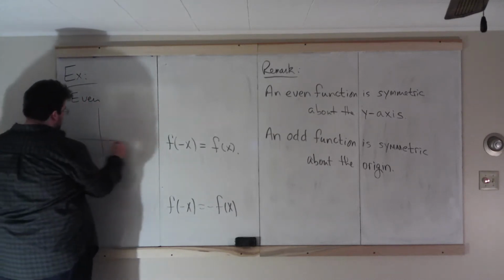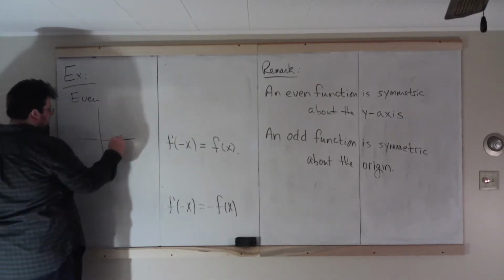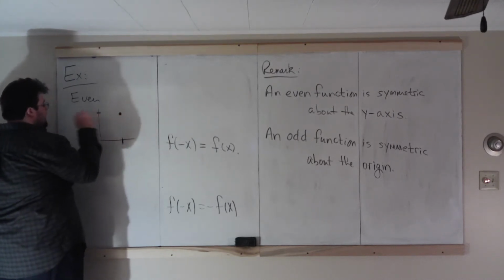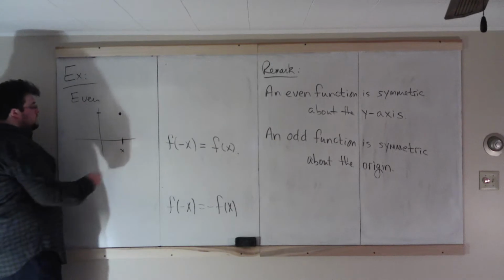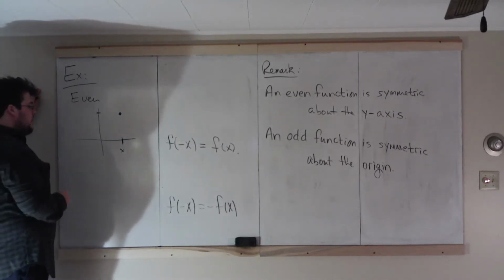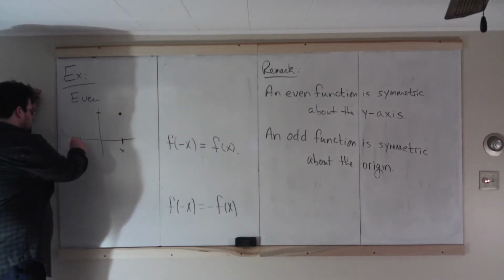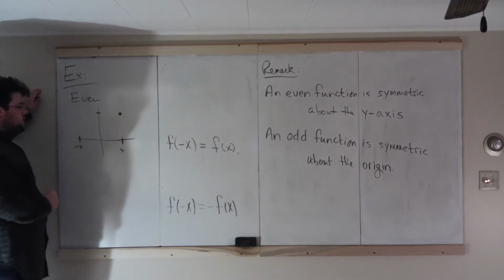This will be an informal answer, I guess you could say. For an even function, f of x, let's say it evaluates to that y value. What does negative x do? Well, negative x is over there.